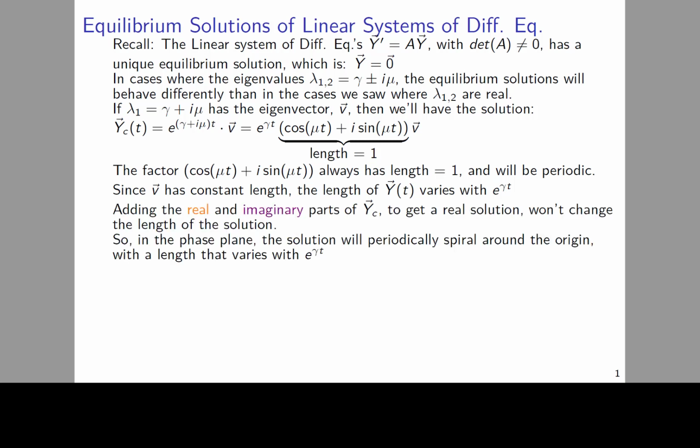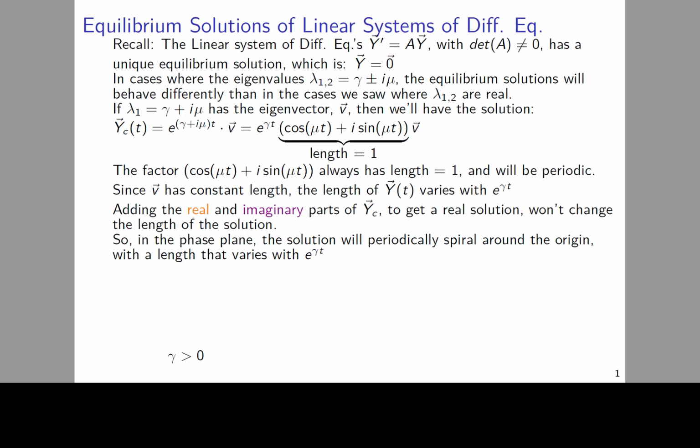So in the phase plane, because the solution is periodic and the length is varying with e^(γt), the solution will be periodically spiraling around the origin with a length that again varies with e^(γt). So let's consider what can happen as e^(γt) varies. If γ is positive, then the length of the position vectors for our solution will be growing.